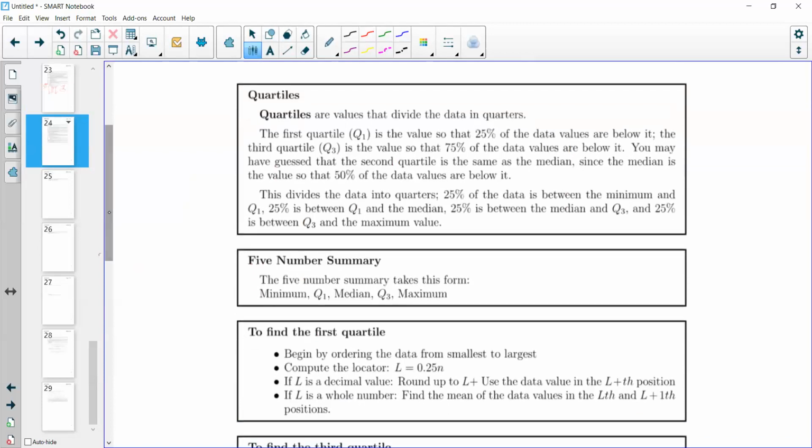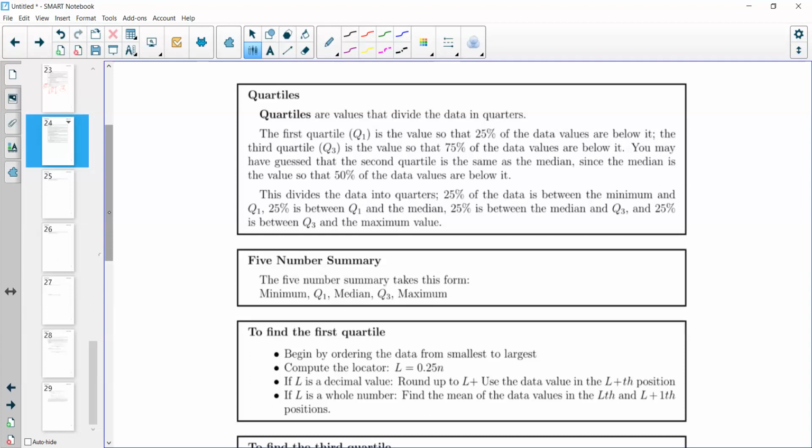Okay, next up is something called quartiles. Quartiles are values that divide the data in quarters. First quartile, Q1, is the value so that 25% of the data values are below it. The third quartile, Q3, is the value so that 75% of the data values are below it.